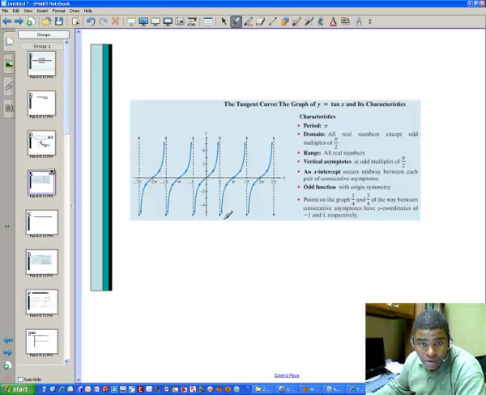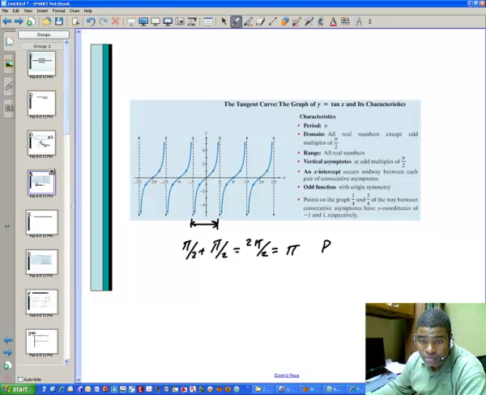When we're looking at one period here, the period is equated to pi, and we can calculate that by looking at the vertical asymptotes here and here, which define our period. So we add pi over 2 plus pi over 2, and that gives us 2 pi over 2, of course, which is pi. So that's where the period comes from.